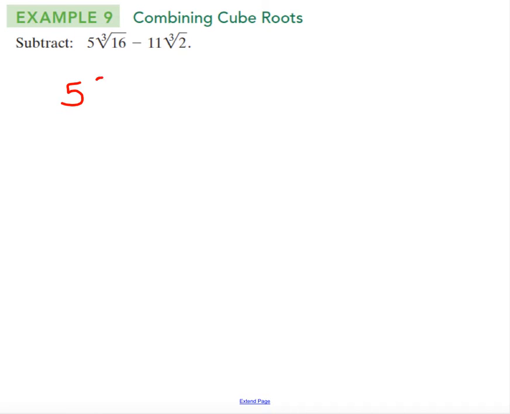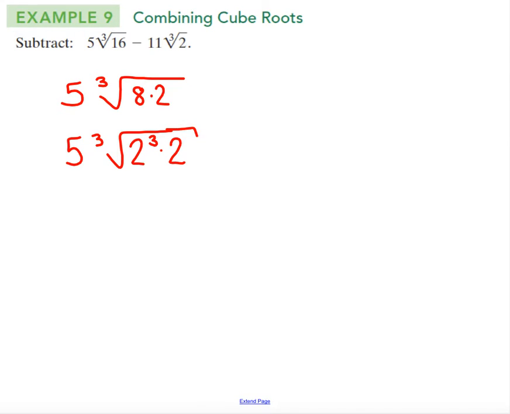So 5 cube root. Now let's break down 16. 16 can be rewritten as 8 times 2. Now 8 can be written as 2 cubed and then a 2 left. All right, we're looking for a group of 3.